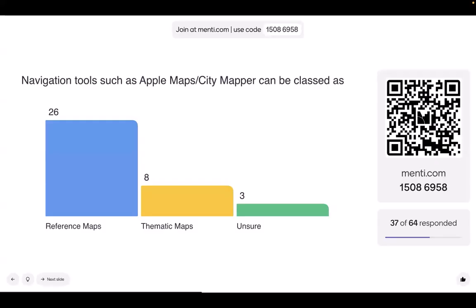So one main difference between reference and thematic maps is that thematic maps tend to be more interactive, which is why navigational tools might be considered to be a type of thematic map. So again, if you answered both, you can consider yourself to be correct, but the answer lies in how we end up using that map.